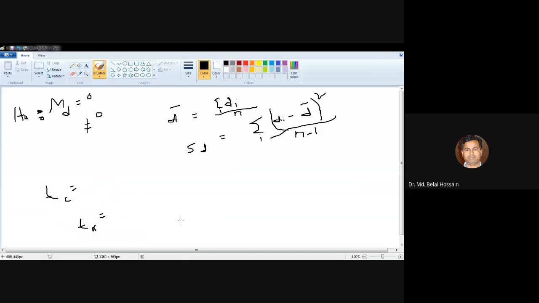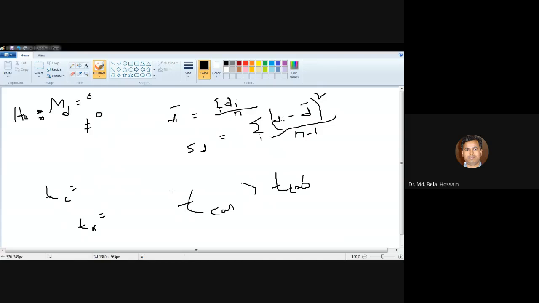With the degrees of freedom, we get t alpha from the table. Then when it comes to the comparison, if this t calculated value is greater than t alpha, that is t tabulated, we sometimes call it t tabulated in general.